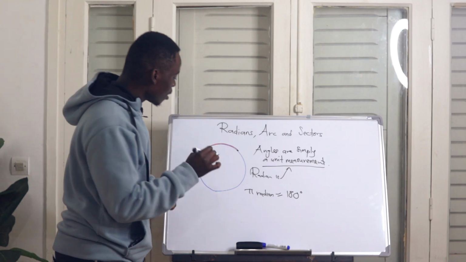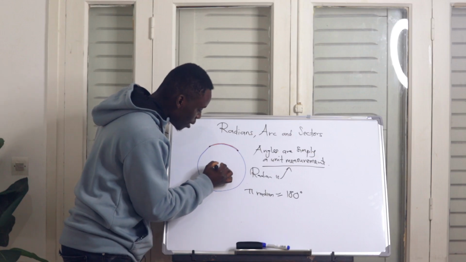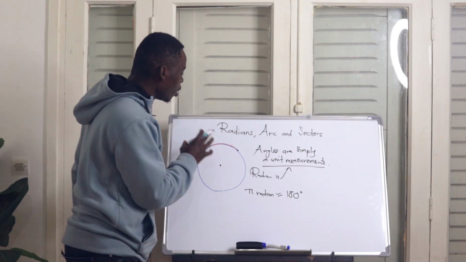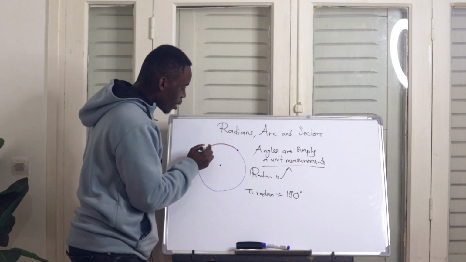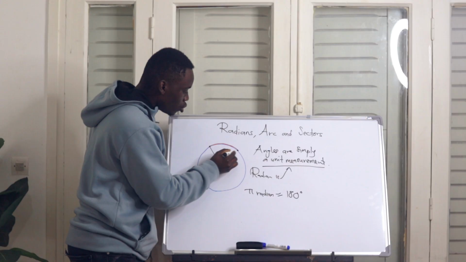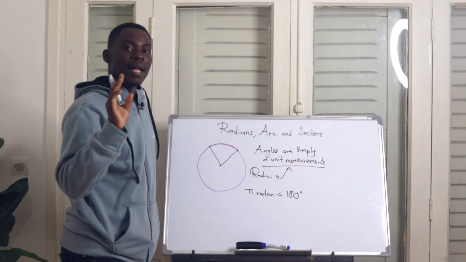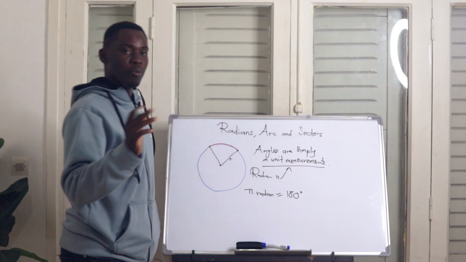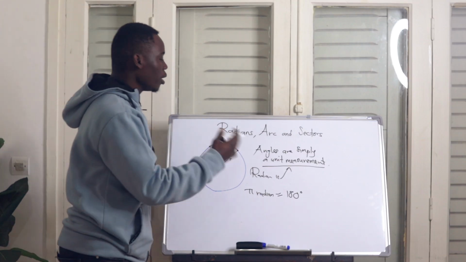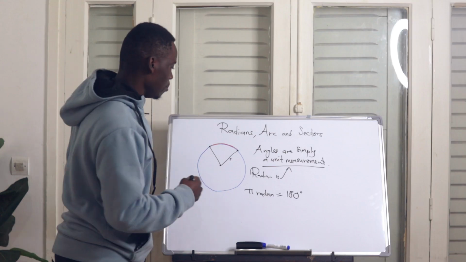Now remember, a circle has a center. For us to calculate the distance of this arc that we've made here, we have to connect it to the center. The distance from the center to the circle is what we call the radius. We are going to deal with what a radius and a diameter is in a minute.